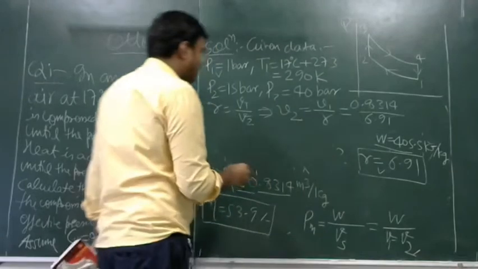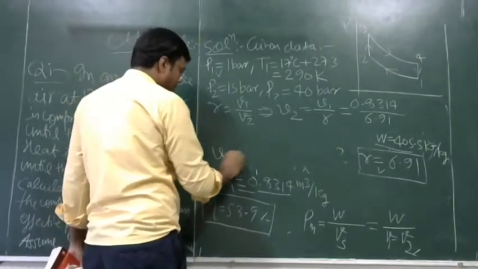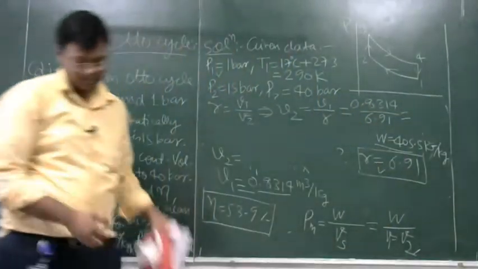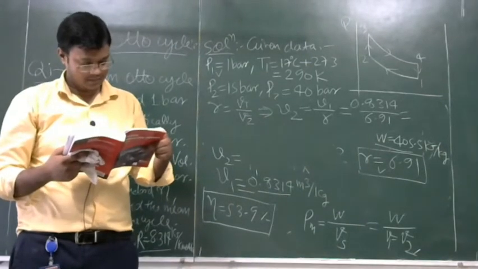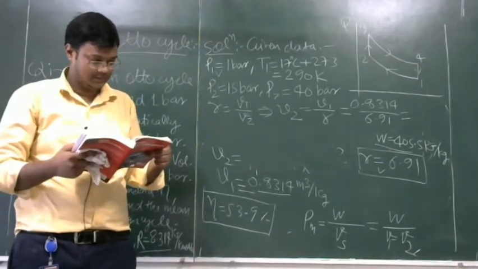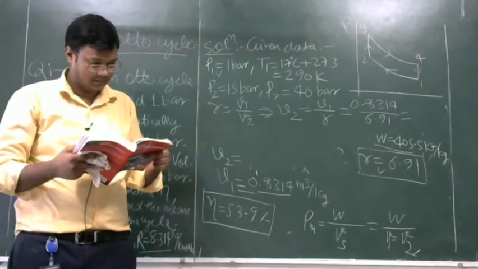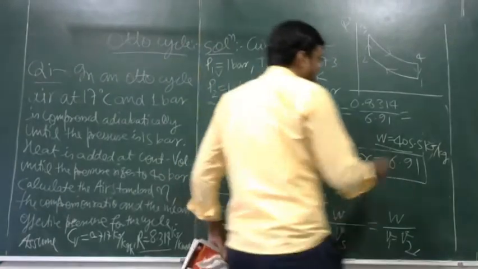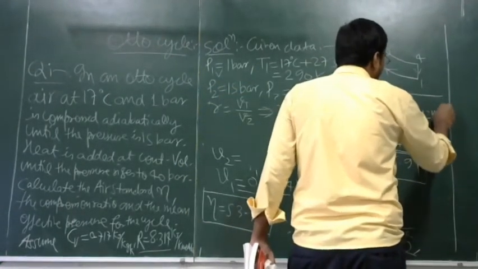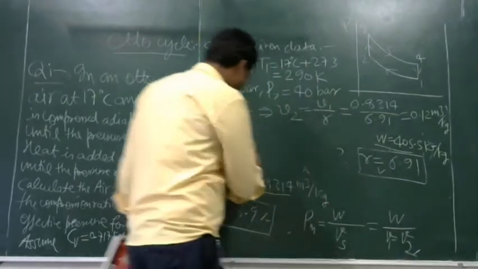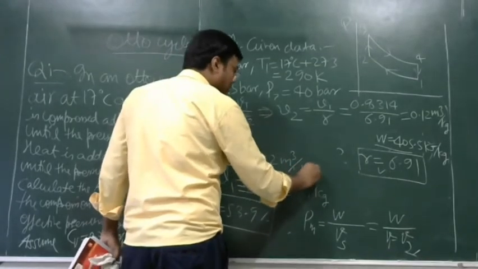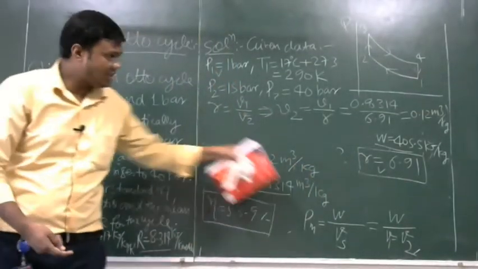So we find the value of V2, which comes to about 0.12. Now just put these values in the equation.